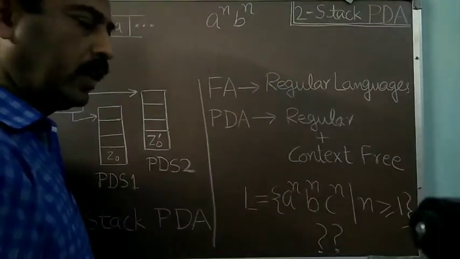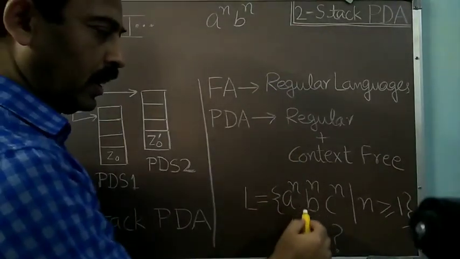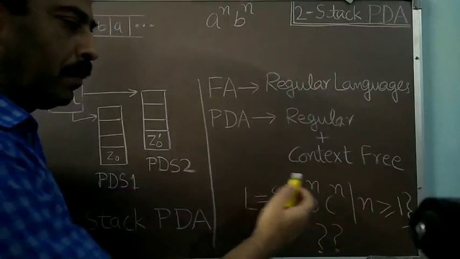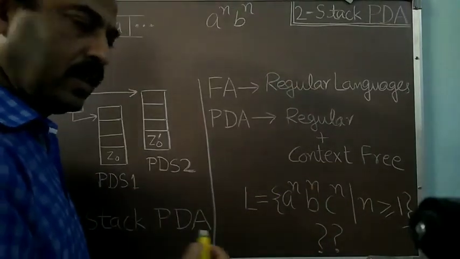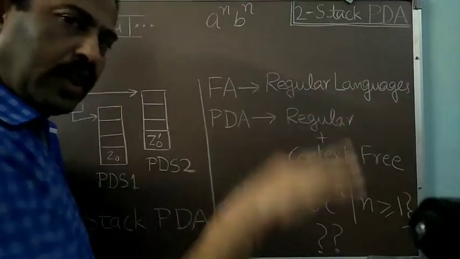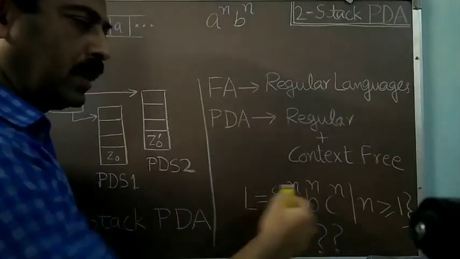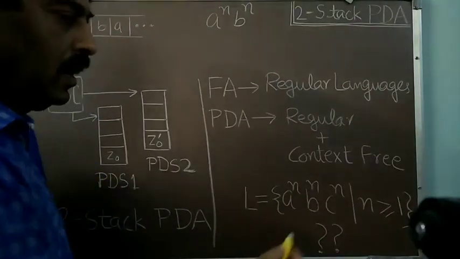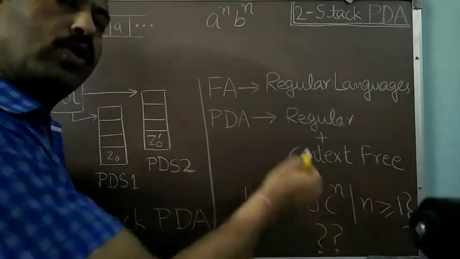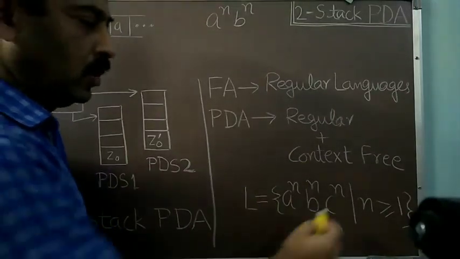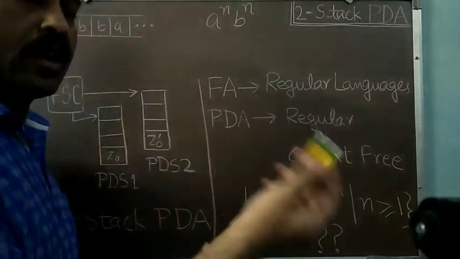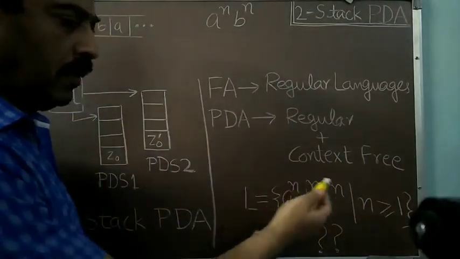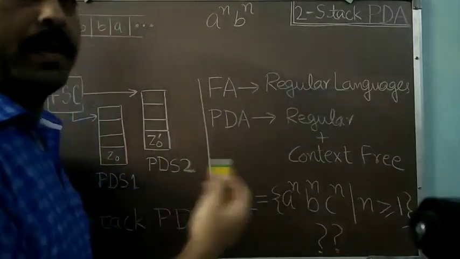So I will push all the a's onto the push down store. Then when I start getting b's, I will match them with the a's. When all a's finish from the push down store, all b's will be matched. But then what about the c's? How will I ensure that an equal number of c's is also present in the language? So this third quantity we are not able to match if we try to write a PDA for it.